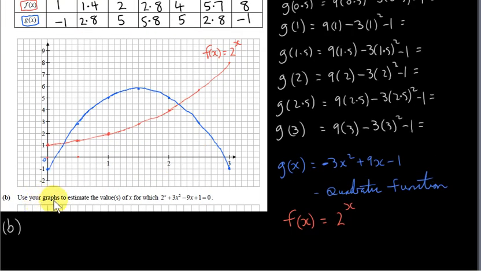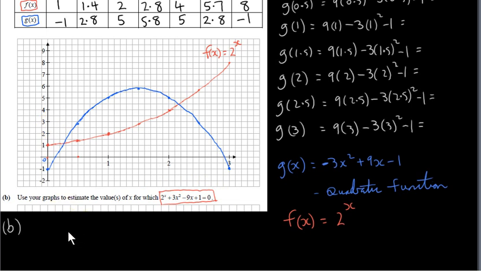In part B, we want to use the graphs to estimate the value or values of x for which 2 to the power of x plus 3x squared minus 9x plus 1 equals 0. Now, if we look at this equation here, we see that it comes from equating f and g with each other.